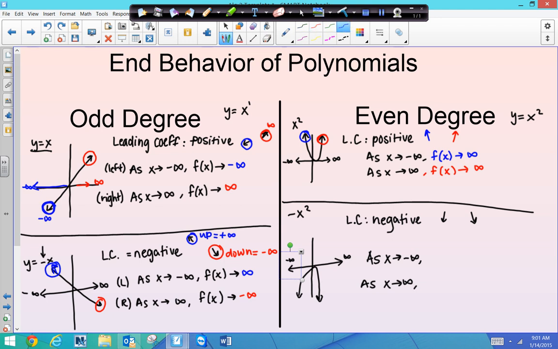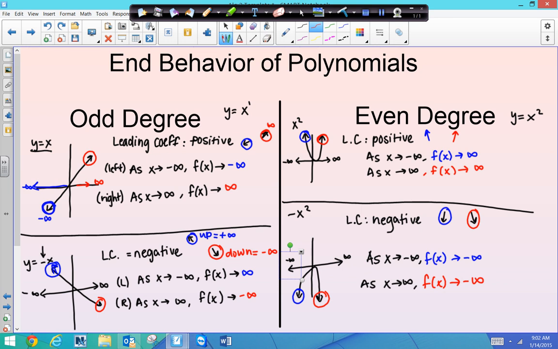On the left side, our y values are going down towards negative infinity. And as x goes to positive infinity on the right side, our y values are going down.